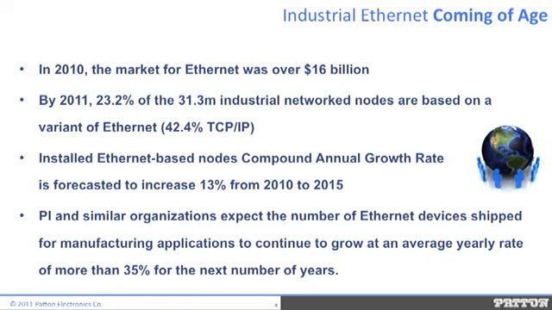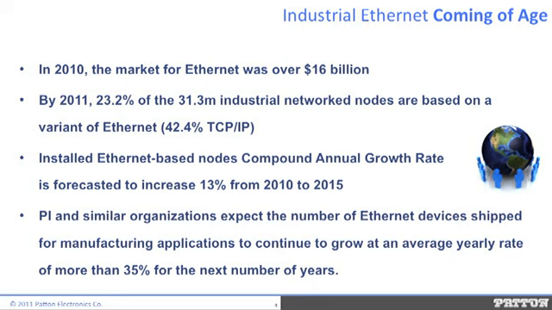Some facts geared directly to the industrial segment: almost 25% of the 31.3 million industrial network nodes today are Ethernet. Over 40% of those are using the common and widely used Ethernet variant, TCP/IP. That means that 75% of the nodes are still connected on legacy serial interface.